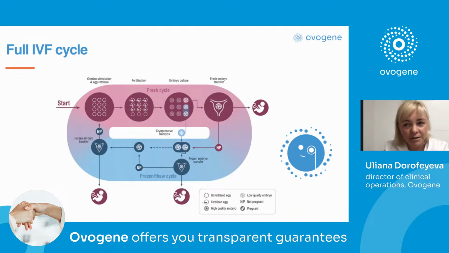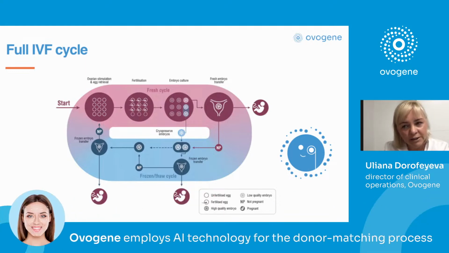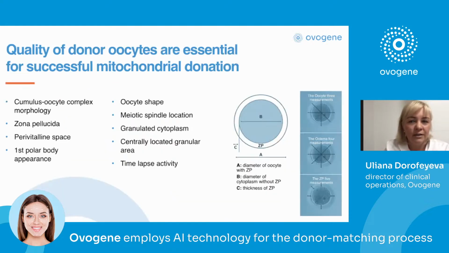And once we have a reasonable number, also that decision is made together by the clinical team, the doctor and the embryologist, and the patient, we may proceed with the pronuclear or the spindle transfer treatment. Of course, we also need donor oocytes.